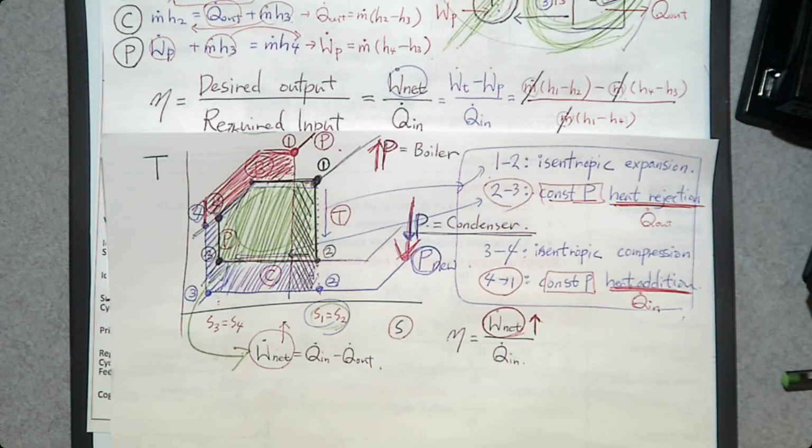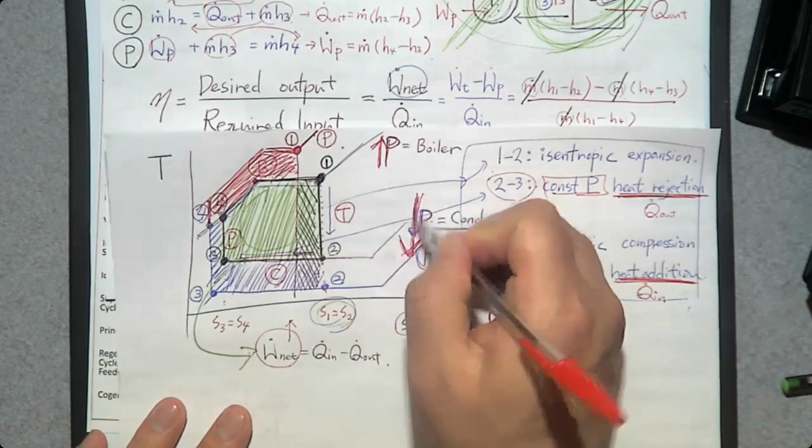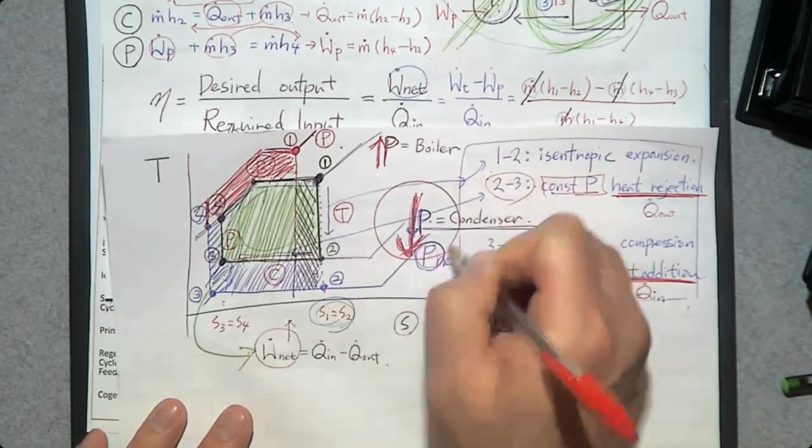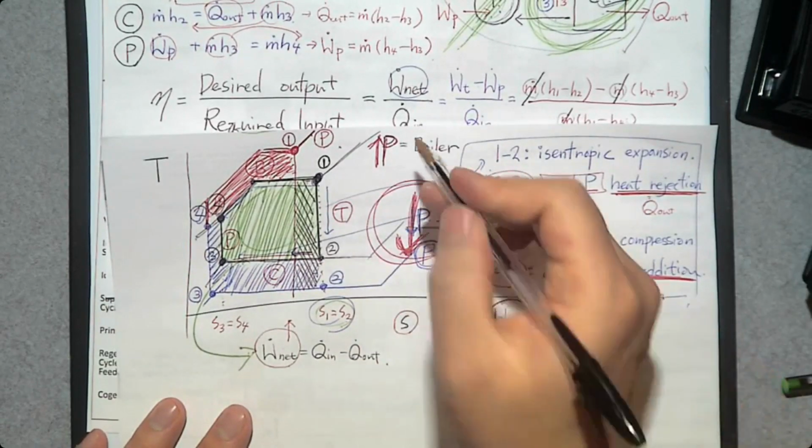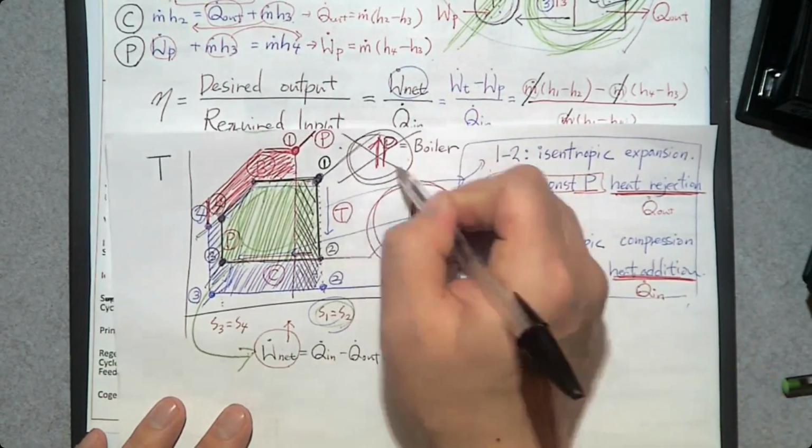However, increasing boiler pressure does not necessarily provide higher efficiency. Okay, so there are two different cases. So decreasing condenser pressure is always good, but increasing boiler pressure may not be always good.